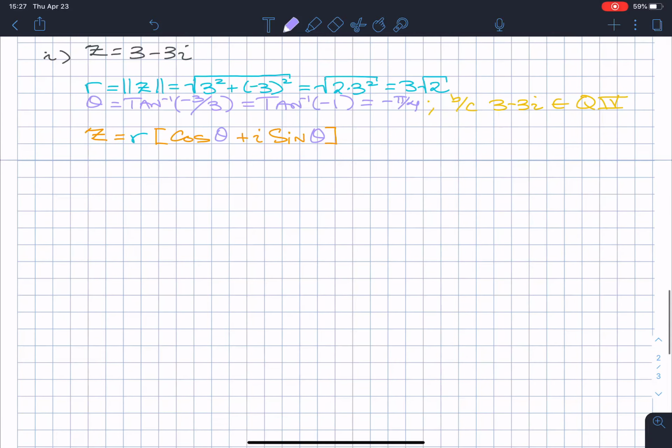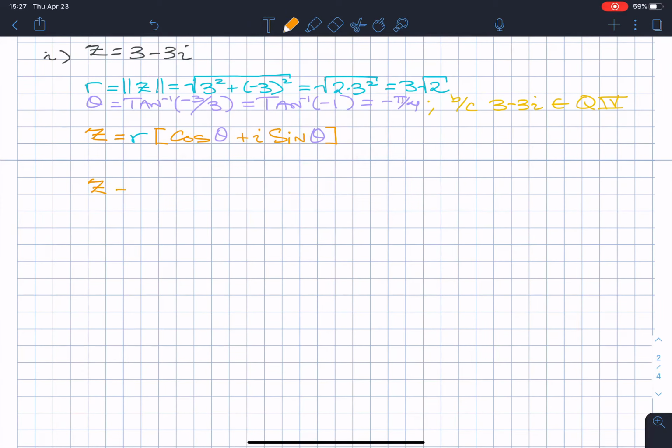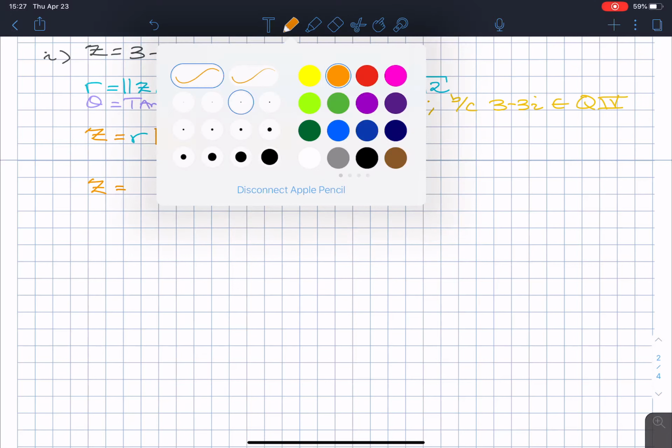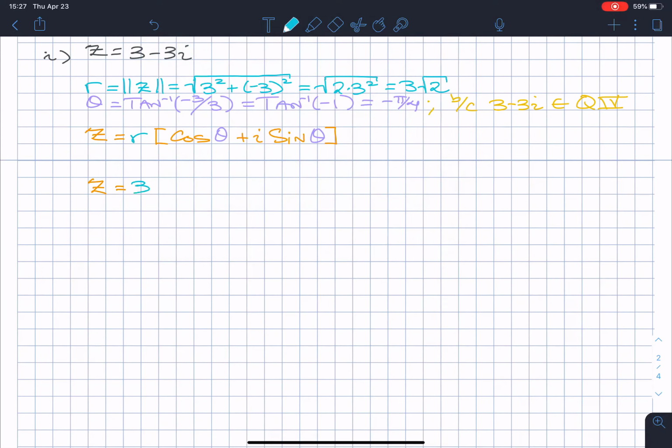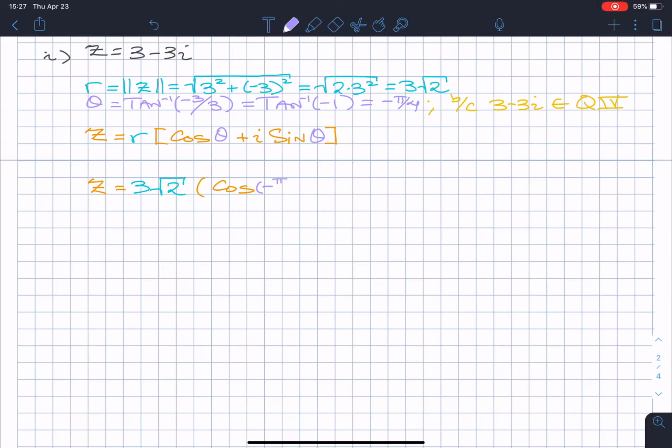Okay, so let's go ahead and take this down to the next line. So we have z is going to be modulus 3 times the square root of 2 times the quantity cosine of negative pi over 4 plus i sine of negative pi over 4.